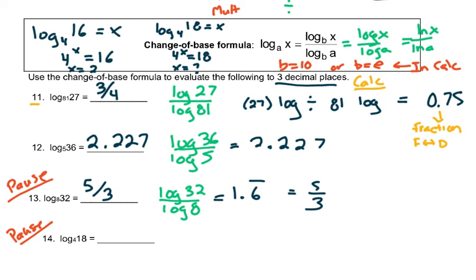All right, so check your answer for 13. Log of 32 divided by log of 8 would give us 1.6 repeating. And if we put this into a fraction, it should give us 5/3.